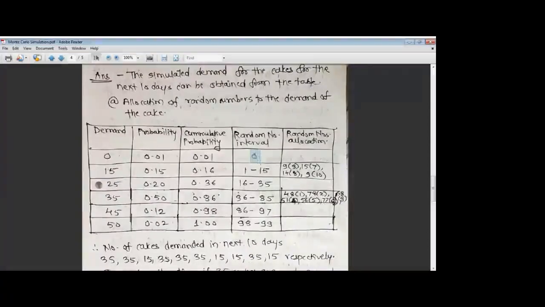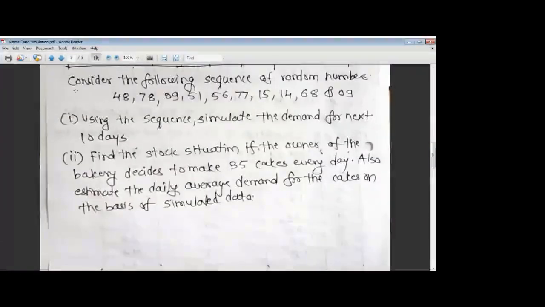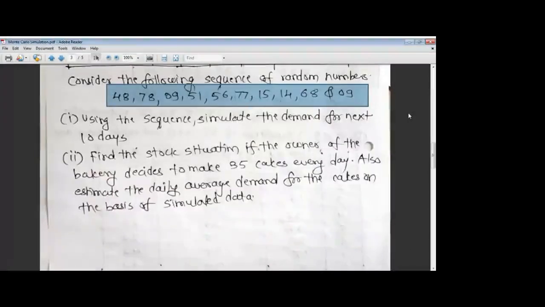The cumulative random number interval is 0 to 99, and all the random numbers here should also be between 0 and 99 only, and that has been followed. They have told us the random numbers, and accordingly we are going to solve.